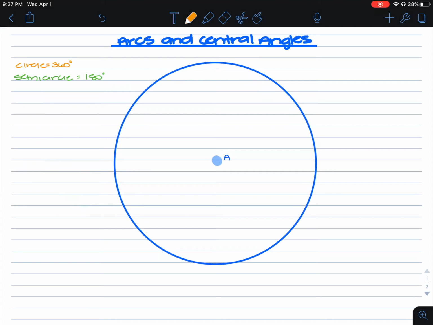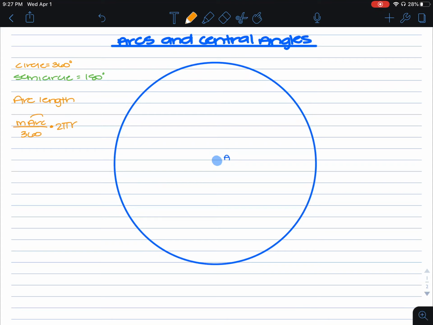Next thing we talked about was arc length. There is a formula for arc length. This formula, if you remember, was the measure of my arc, whatever that may be, over 360 times 2 pi r.